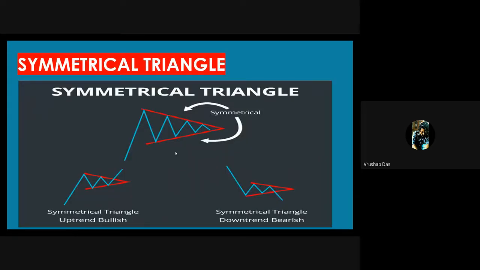And the next is symmetrical triangles. Symmetrical triangles have descending highs and ascending lows, such that both the upper and lower trend lines are angled towards the triangle apex. In the graph you can see the resistance levels are decreasing and the support levels are increasing. It's a combination of ascending and descending, it looks like that.